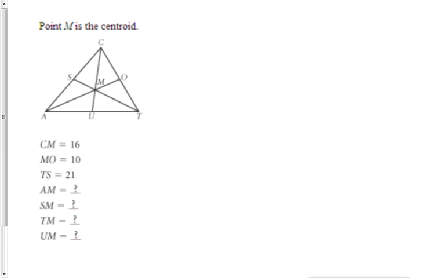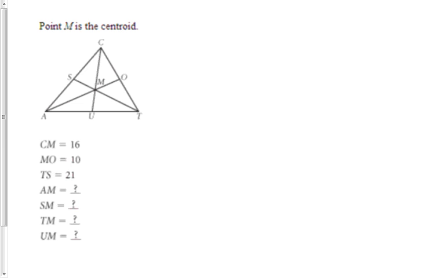So here we have an example of a problem where we would use our understanding of the centroid to solve. We are given triangle ACT and points S, O, and U, which are the midpoints of the sides, and M, which is the centroid. We were told that CM equals 16, MO is 10, and TS is 21.